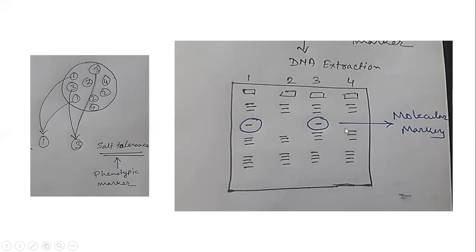So I can tell that these are the molecular markers for salt tolerance, and these may not be, but I can tell that these are now an assumed part of the next experimentation process. So we can tell that these bands may have some roles in salt tolerance.